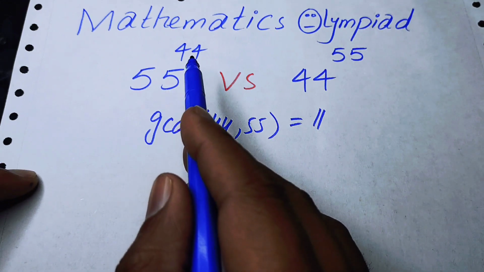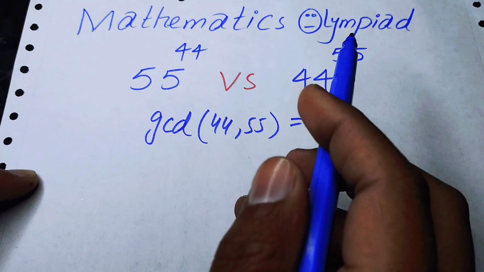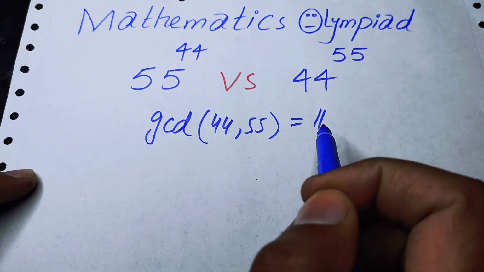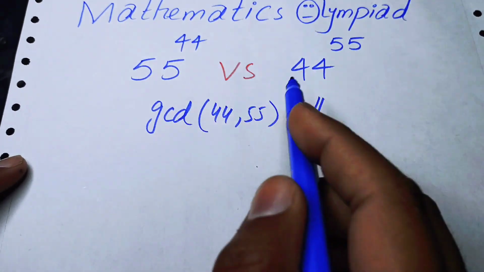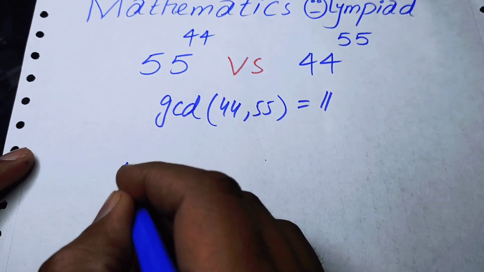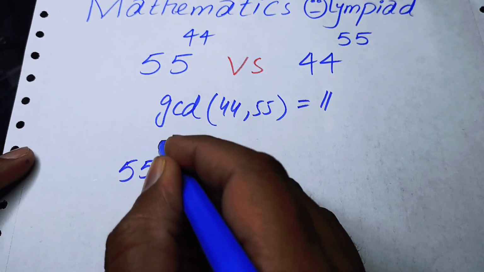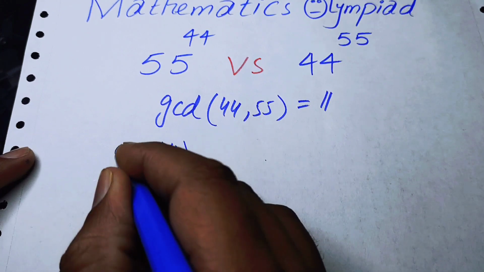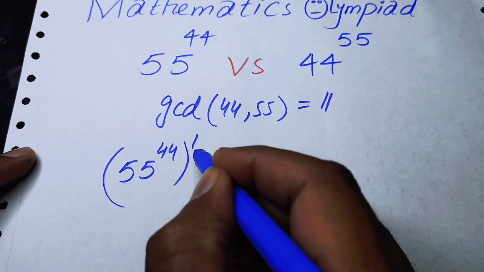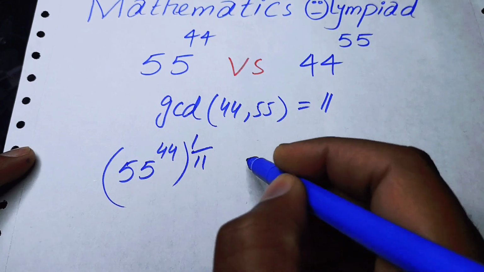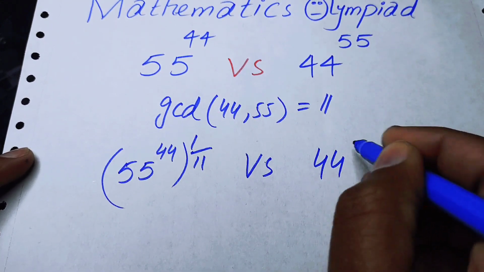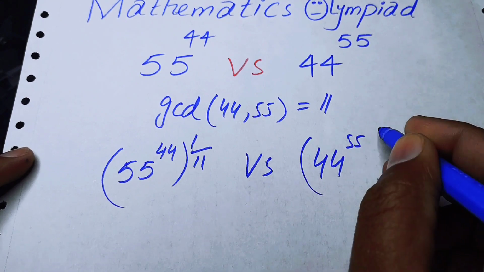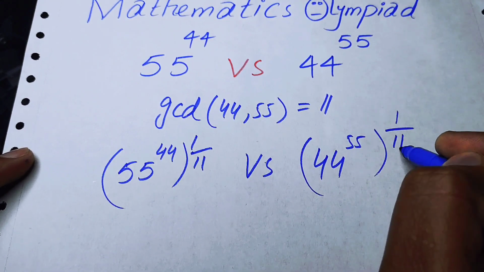First we find the greatest common divisor which divides both of the numbers, which is 11, and after that we take the 11th root on both of the numbers. We can write it as 54 to the power of 44 and the whole power 1 over 11, versus 44 to the power of 55 and the whole power 1 over 11.